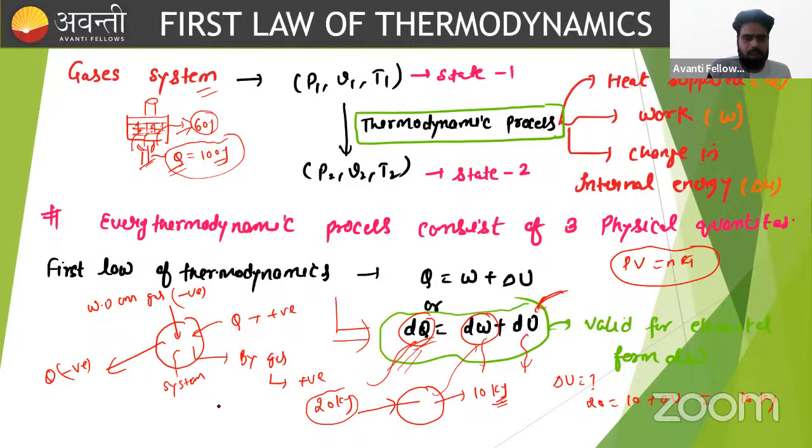At the same time, in the question it is asked, solve this problem also. The heat rejected from the gas is 20 kilojoule, and work done on the gas is 40 kilojoule. What is the change in internal energy? Work done on the gas is 40 kilojoule, and the heat rejected from the gas is 20 kilojoule.